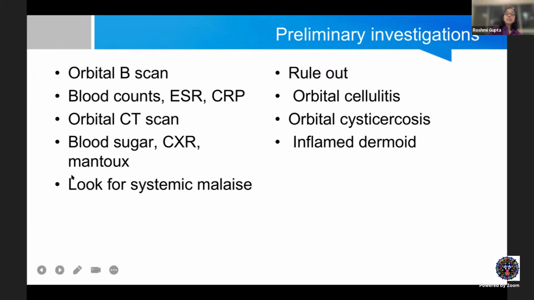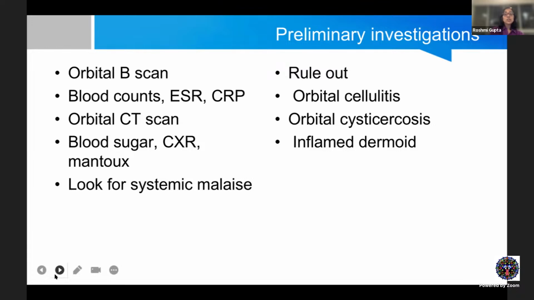Now, the next set that I've written: blood sugar, chest X-ray, and Mantoux test. In our context of patients, this is useful. This may not always directly lead to diagnosis, but the highest chance is that we are going to start these patients on steroids. So we do need to get the blood sugar. We do need to get a chest X-ray, even if we are not suspecting anything. If the patient cannot afford a CECT thorax, fine and good.